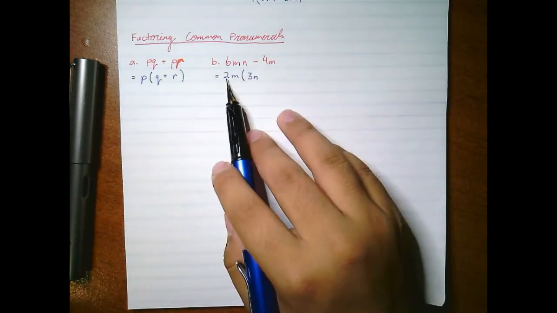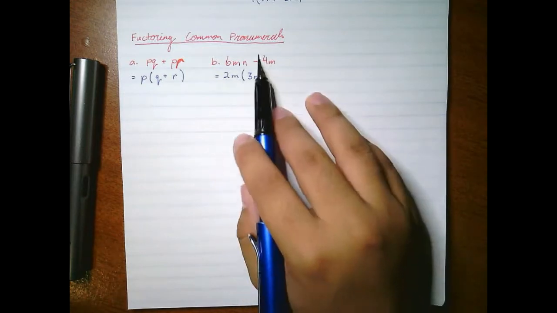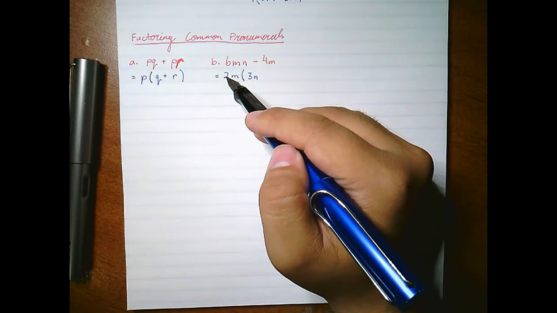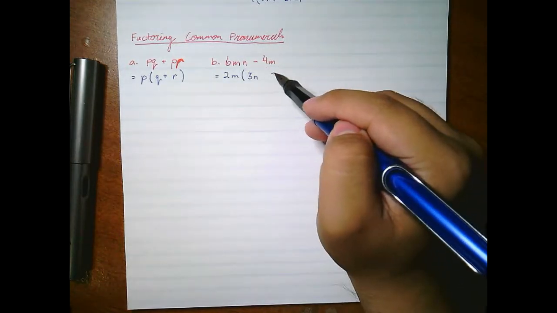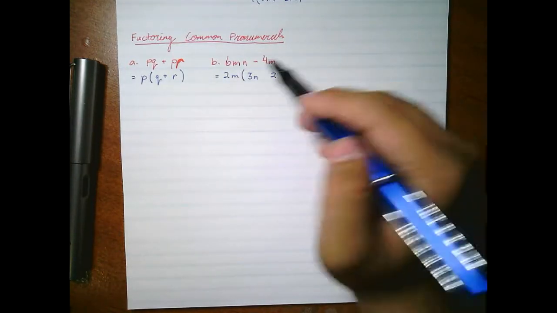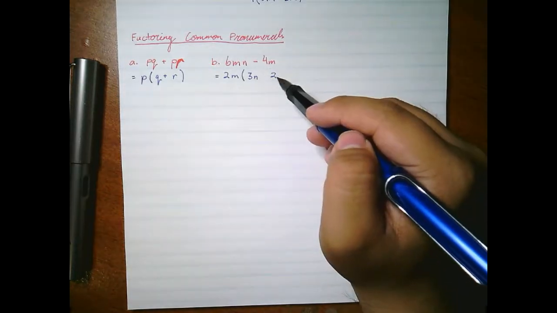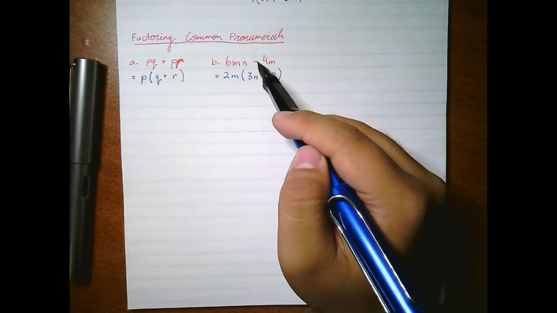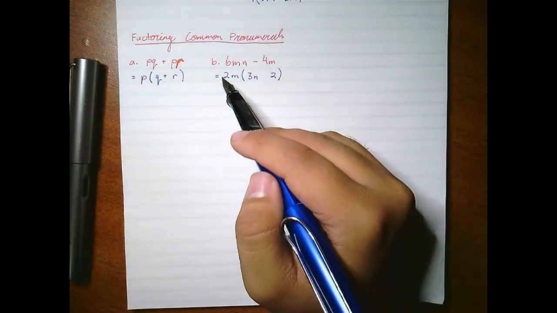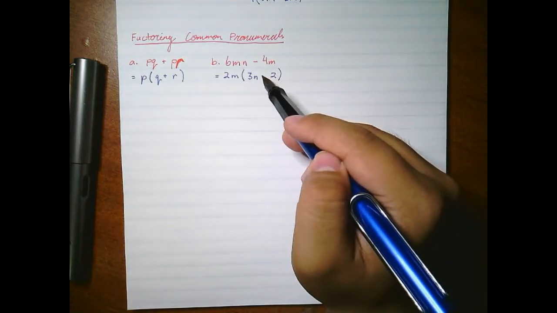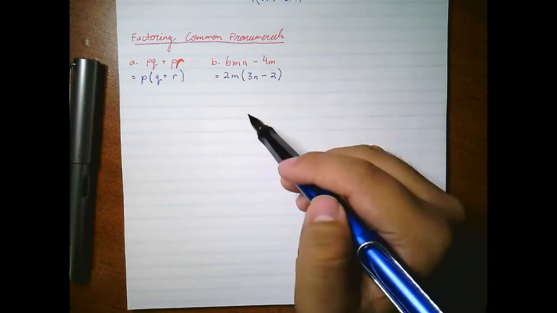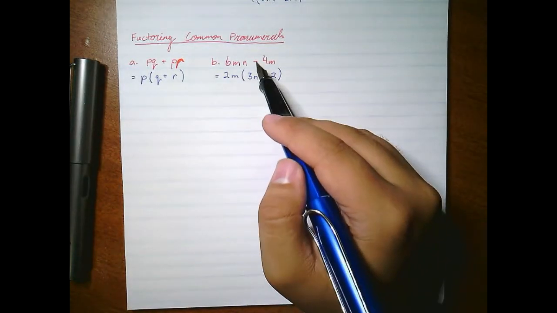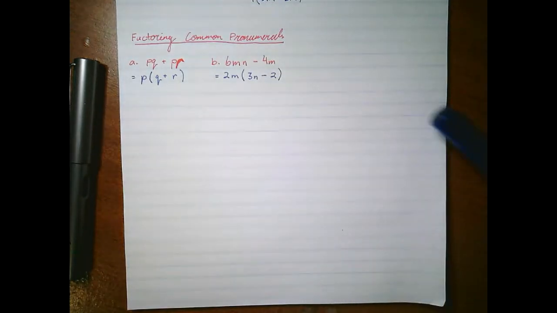So now all we need is for this to become -4m. I know that 2 times 2 gets me 4. M times, well, we don't need a letter, so that's it. All we need now is a symbol. I need this to be a negative. That's a positive, which means this must be a negative, because 2m times -2 is -4m.